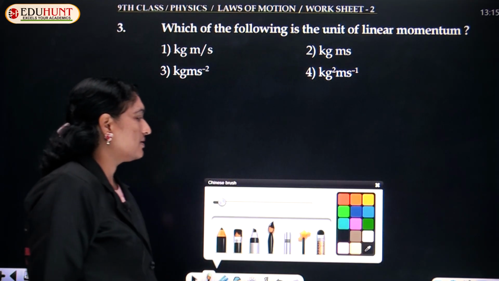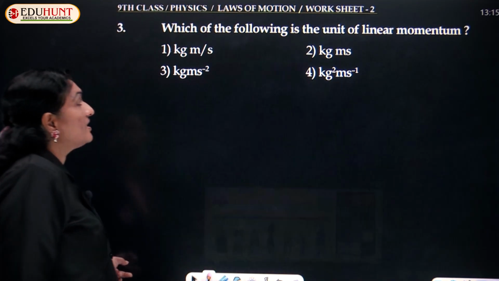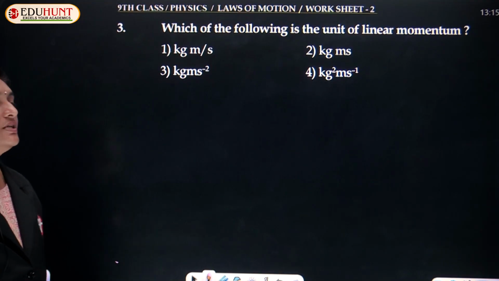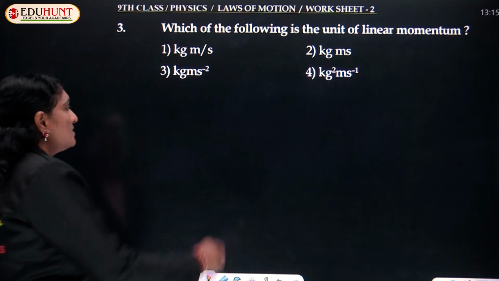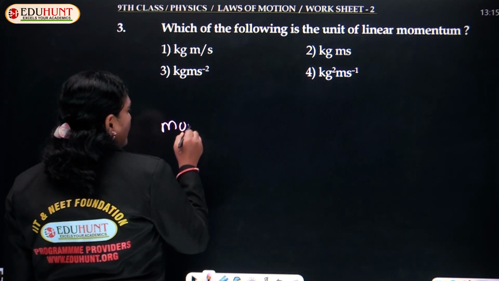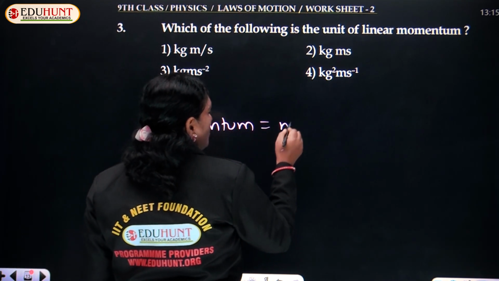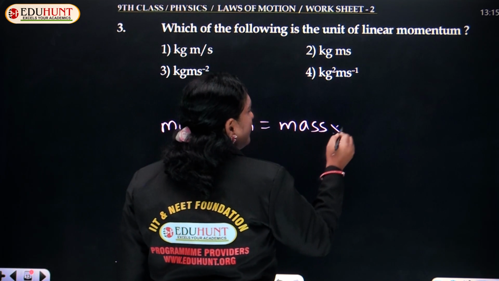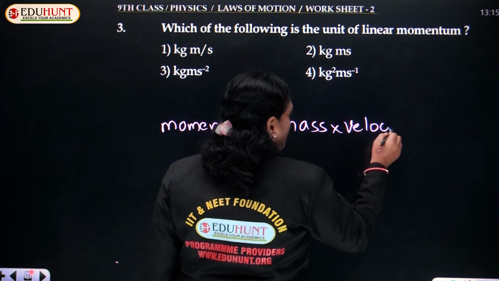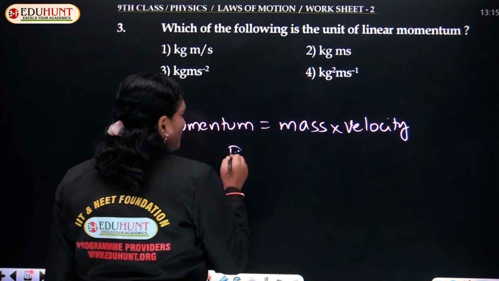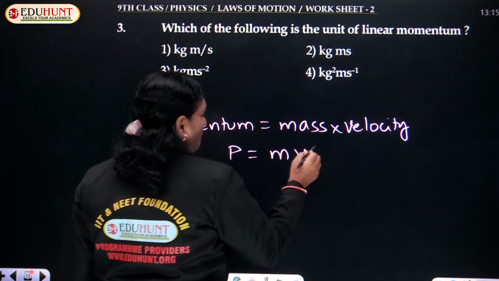Question number 3, my dear children. Which of the following is the unit of linear momentum? Just now we have discussed that the linear momentum or simply momentum is given as the product of mass and velocity, indicated with the letter P, which equals mv.